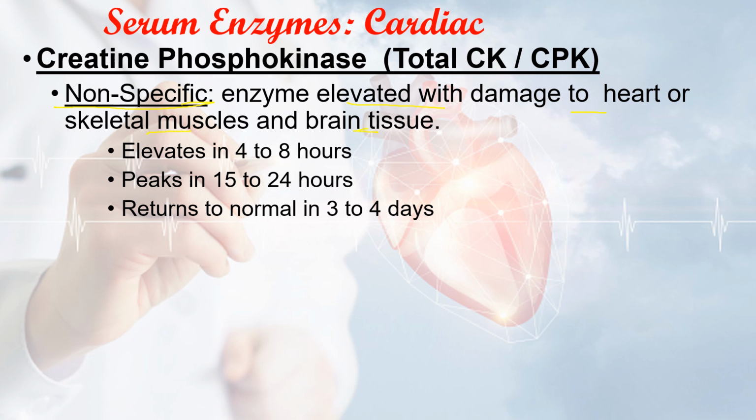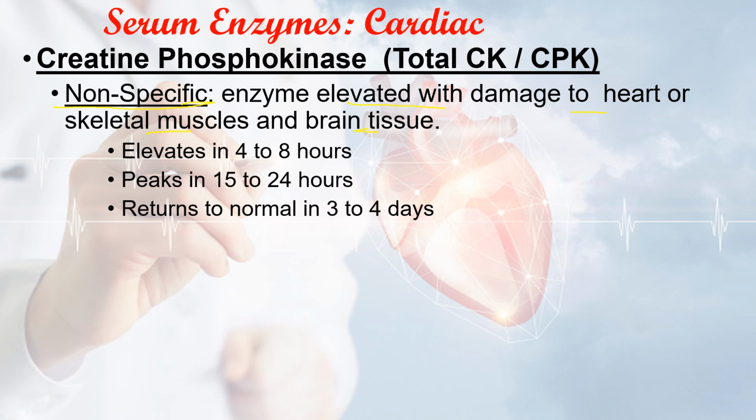So it is called a non-specific cardiac marker. Not only with cardiac or myocardial damage, it is also released with injury to the skeletal muscles and to the brain tissues. It is present in the patient's blood.